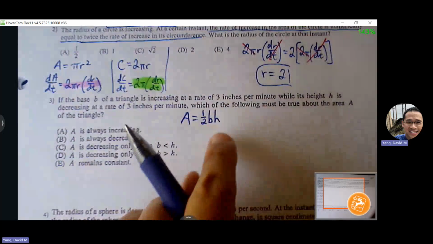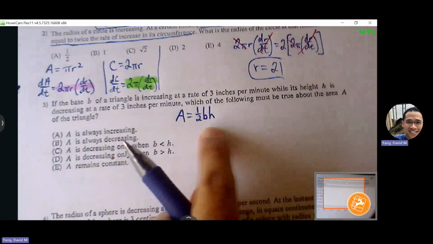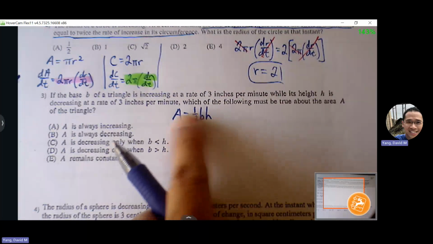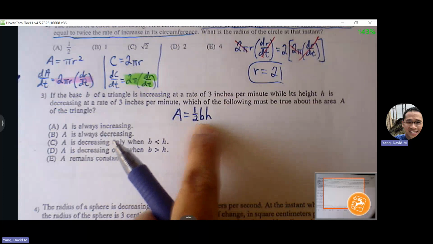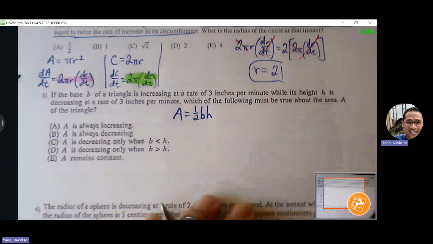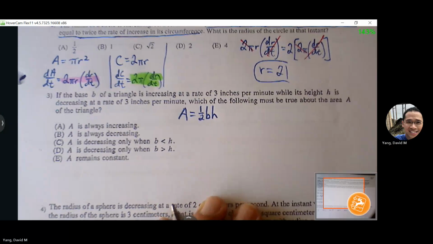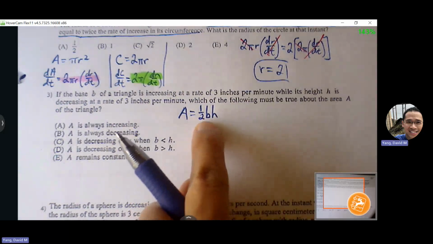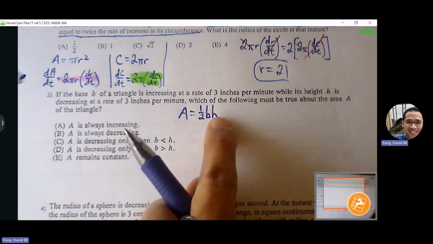Okay, if I want to find the derivative of this, I'm going to get all the dA dt and all the time variables to show up. What else is involved if I want to find the derivative? Product rule, right? I can't just say dB dt and dH dt. That multiplication process is forcing us to go through the product rule.